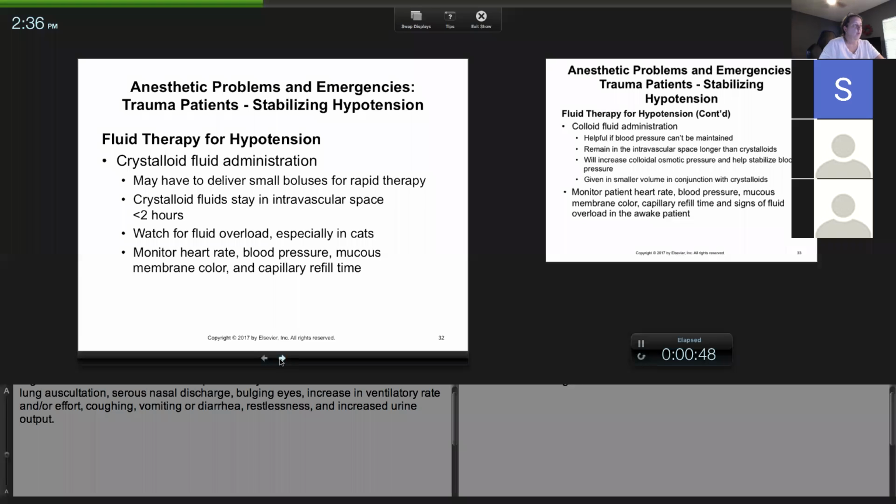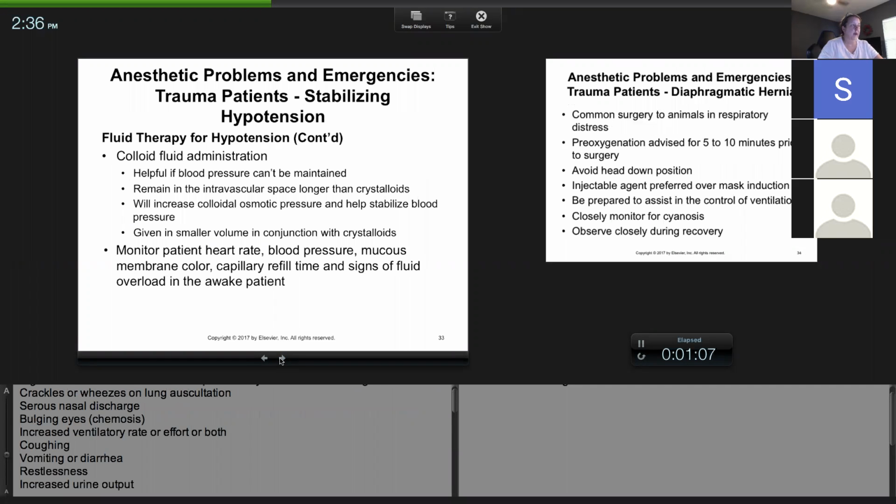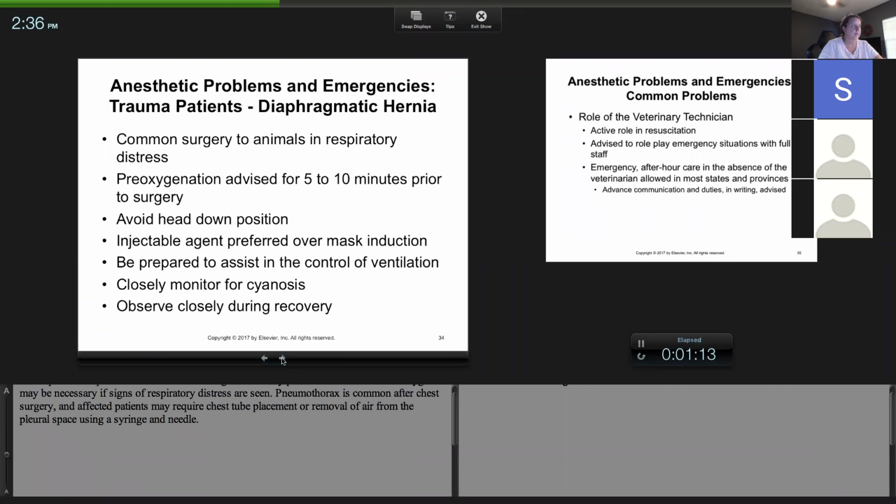One thing that when I have low blood pressure or hypotension, there is a series of things that you can do. One thing is that if we're doing anesthesia, you want to decrease your anesthetic, potentially give a fluid bolus. You can give colloids. Okay, I do remember talking about this. The colloids help keep it in.